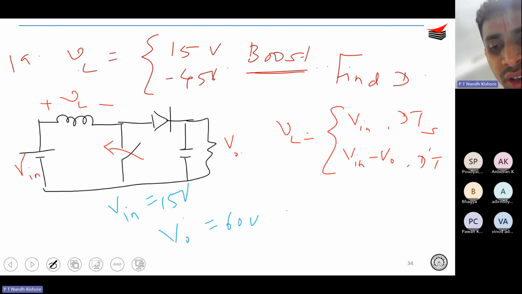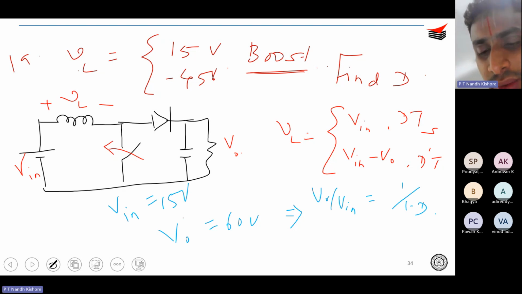Therefore, what is D in a boost converter? V naught by V in is 1 by 1 minus D. You know V naught and V in, so you can find D. 60 by 15 is 4, so 1 by 1 minus D is 4, and D will be 3 by 4, or 0.75, 75%.